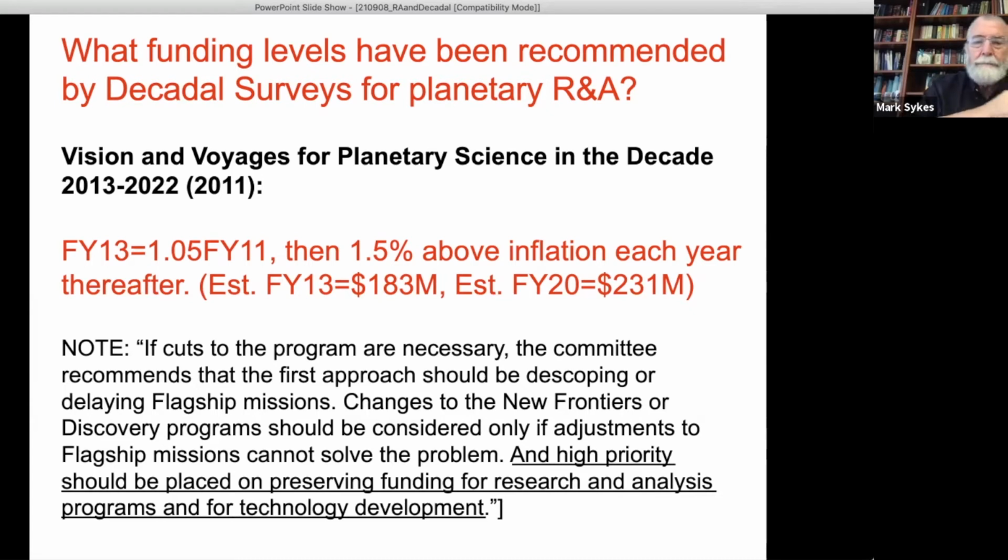Now, in terms of the importance of this to the Decadal Survey in 2000, gosh, I think it was 6, I conducted a survey of the planetary community, putting that question to them. The decadal came out with all these great recommendations, so what if there's not enough money? What comes first? The choices were flagship missions, New Frontiers missions, Discovery missions, or RNA programs.